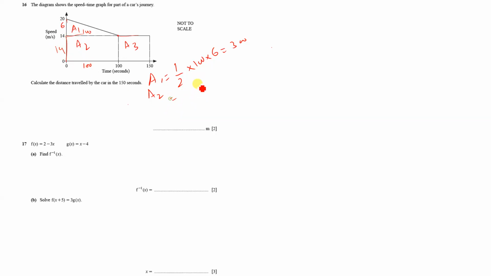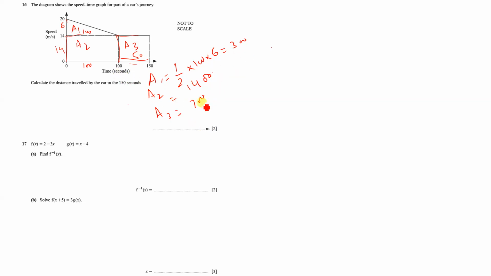So the area is equal to 1400. And this is also a rectangular shape. So A3 is equal to 150 minus 100. This is 50 and this height is 14. So this is equal to 700. 14 times 50 is 700.